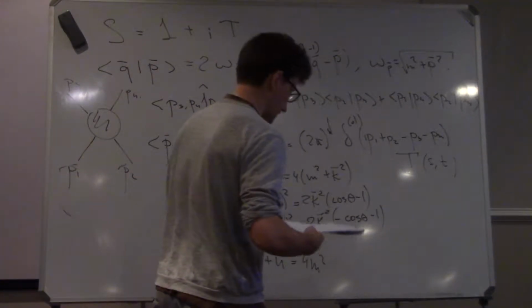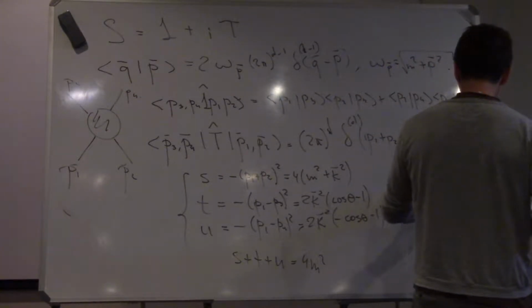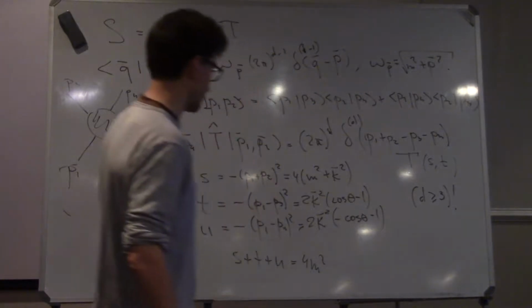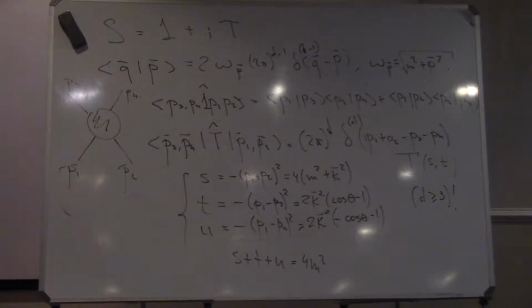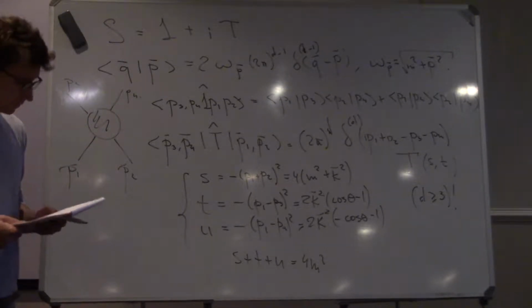But one of the peculiar things about high dimensions is that we don't have a single example of an interacting S matrix which is fully consistent. So we believe, of course, they all exist, but there is no example that we know.